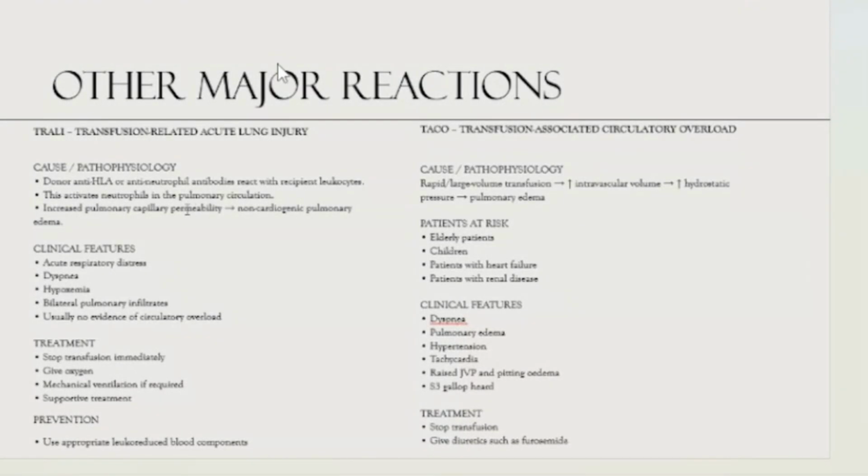So basically, this is usually a two-hit model. At the first hit, all the neutrophils of the patient will sequester around the lungs. All the neutrophils will be present around the lungs. Then, when you give the donor blood that has anti-HLA or anti-neutrophil antibodies into the recipient, this anti-neutrophil will go to the neutrophils which are present near the pulmonary capillary, and then it will activate the neutrophils, and these neutrophils will release a high amount of proteases and reactive oxygen species, which will cause pulmonary capillary damage.